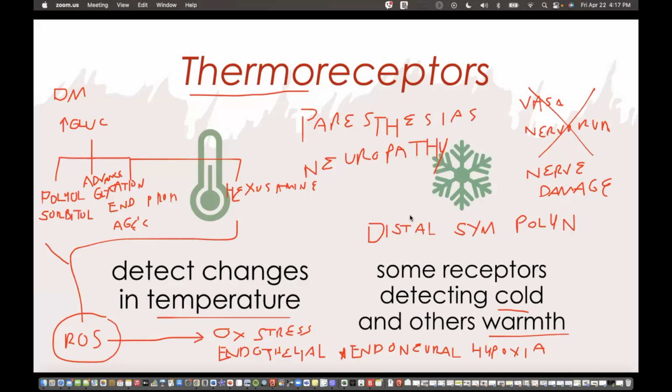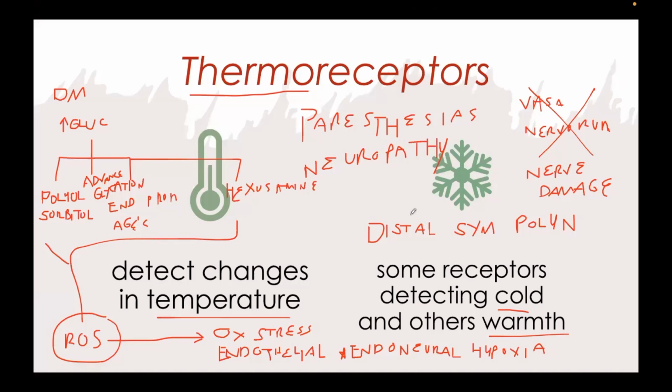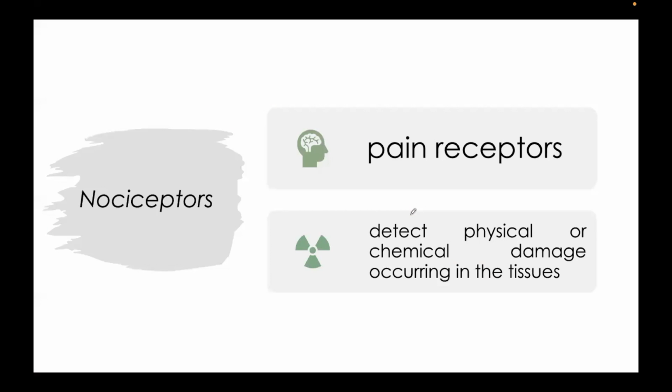Okay, so let us continue with our discussion. Now let's move to the next type of receptors. So we have the nociceptors. Always remember, basta noci, do not answer balasi. Noci means pain. These are the pain receptors.